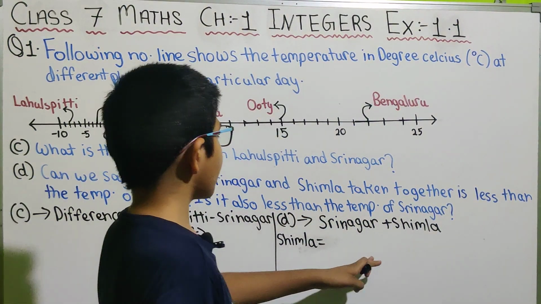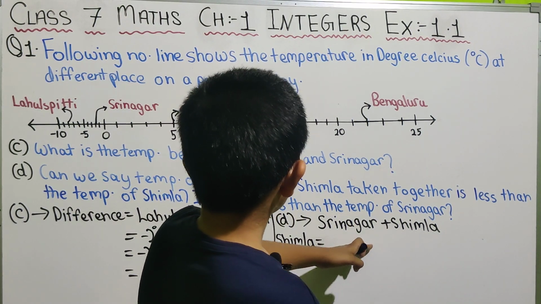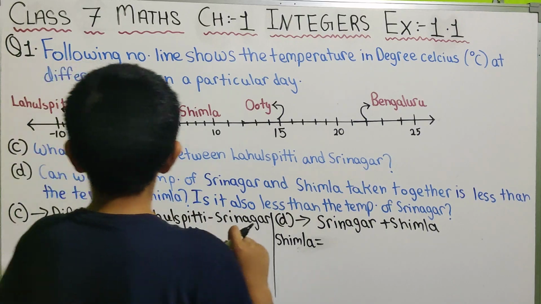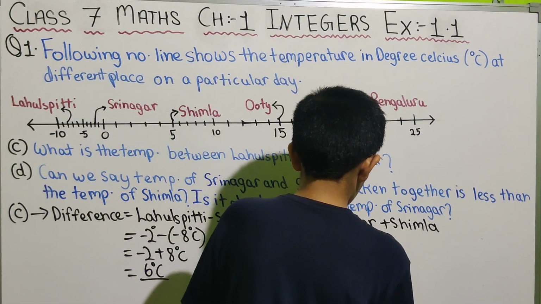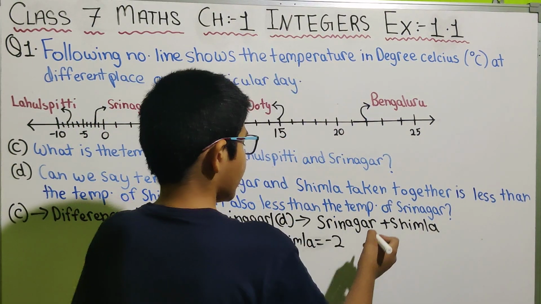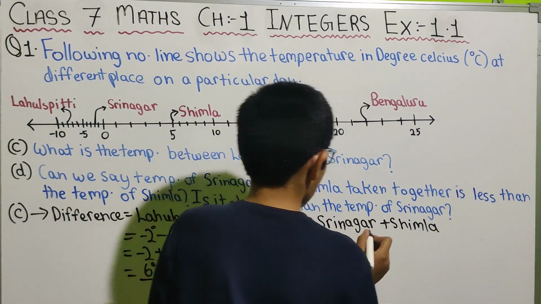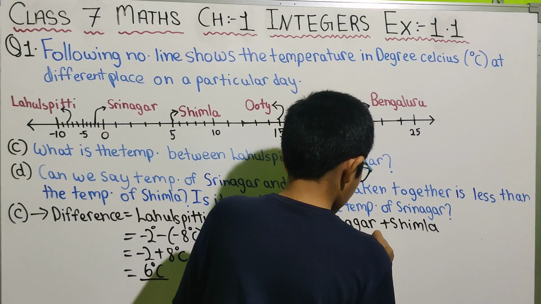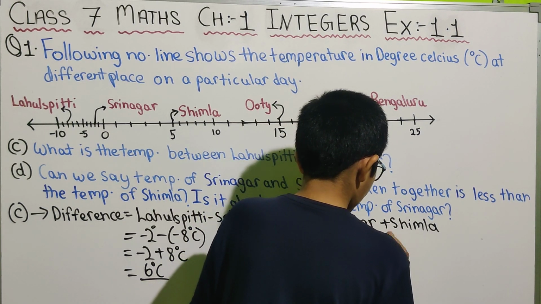Then after that, Srinagar plus Shimla. Srinagar temperature is how much? Minus 2 degrees Celsius. So here minus 2 degrees. Then here we have to add, so we'll put a plus sign. Then Shimla temperature is 5 degrees Celsius.